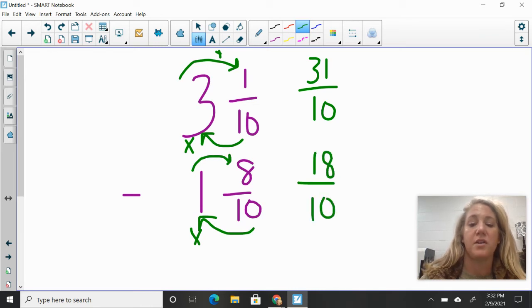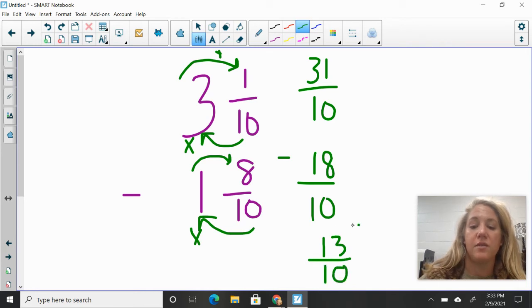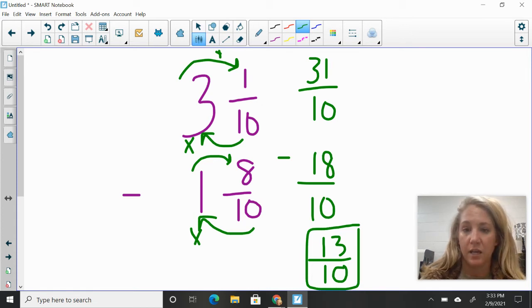So now I'm going to take 31 minus 18, and that is going to leave me with 13/10. Okay, so now I have to convert 13/10 into a mixed number, and therefore I would have 1 and 3/10. And that is the same thing that we got in the first example.